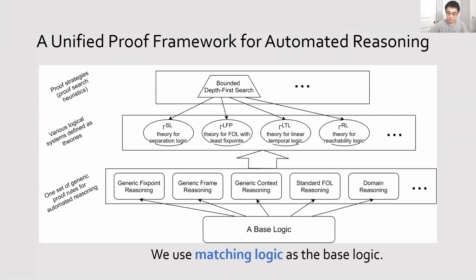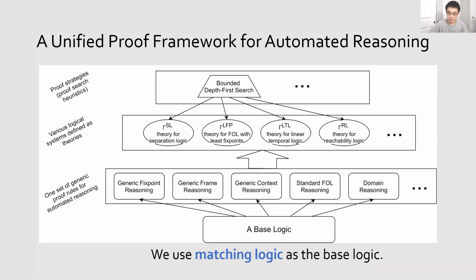The foundation is a base logic equipped with a set of generic proof rules for automated reasoning like fixed-point reasoning, frame reasoning, context reasoning, first-order logic reasoning, and domain reasoning supported by the SMT solvers, etc. In this base logic, we can define other logical systems as logical theories like separation logic, first-order logic with least fixed points, the theory for linear temporal logic, for reachability logic, and so on.